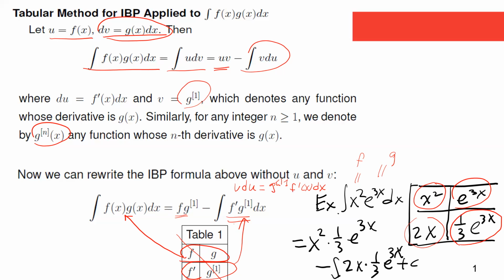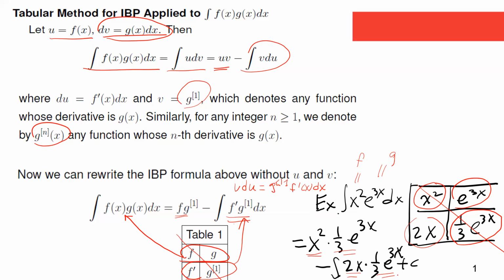Now we're going to use this new formula to write out the result. The first term will be f times g1, so it is this diagonal product, minus the integral of the product of the functions in the second row. So it is the integral of 2x and 1/3 e to the 3x.